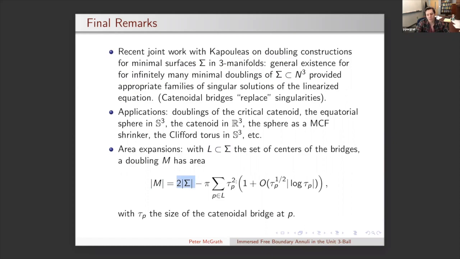The next non-trivial term is captured by what I've just highlighted here. You lose pi times the sum of the tau_p squared, where tau_p is the size of the catenoidal bridge you place at p. So for different p's, you have different tau_p's. Then you have higher order error terms. So this formula that we've derived at least shows that if you have a doubling with very small catenoidal bridges, the area of the doubling is less than twice the area of the base surface.